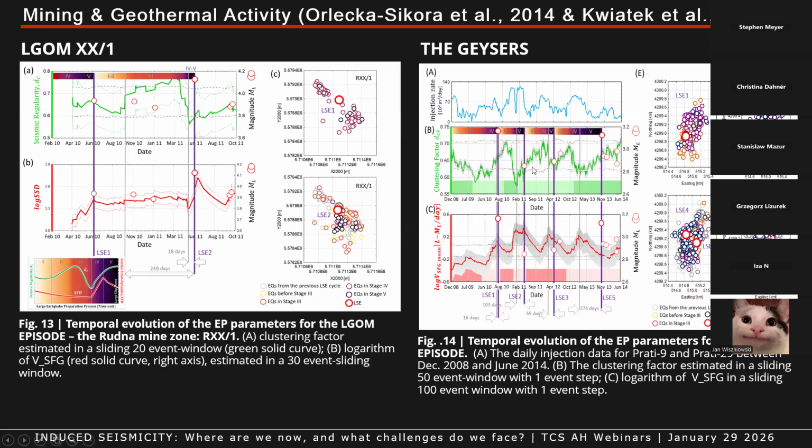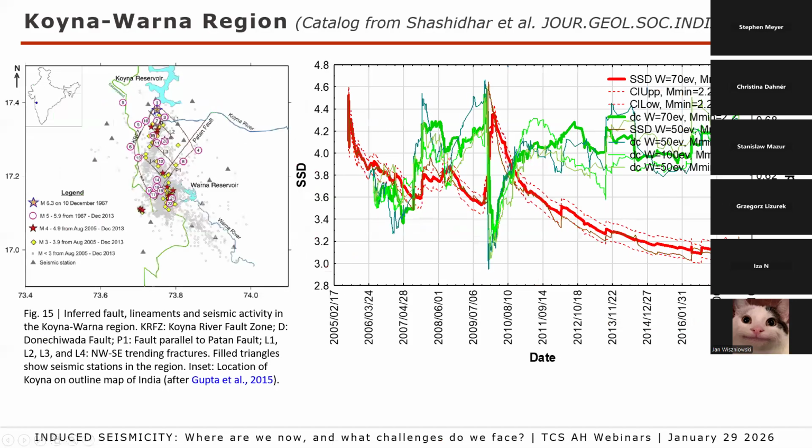And here is the example on the right side from The Geysers. And again, before a very strong earthquake, we see a very deep minimum of DC, and SSD behaves in the same way as in the case of the laboratory experiment data.